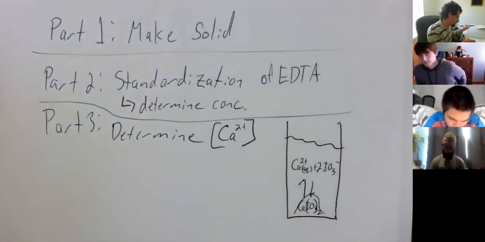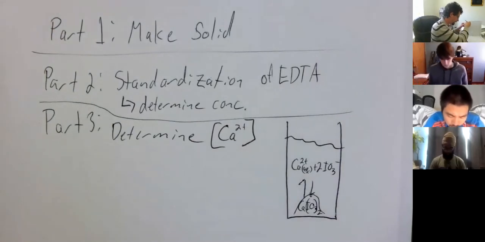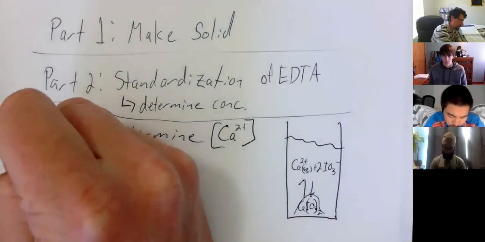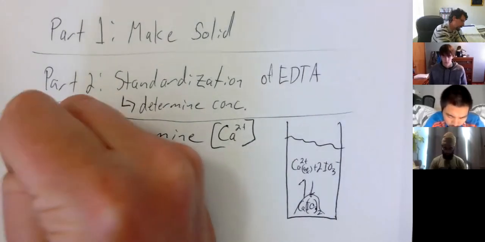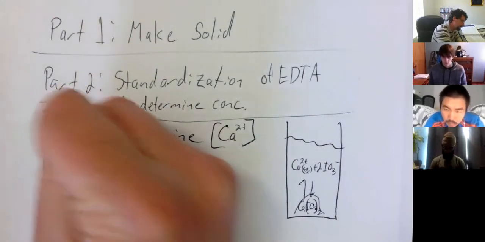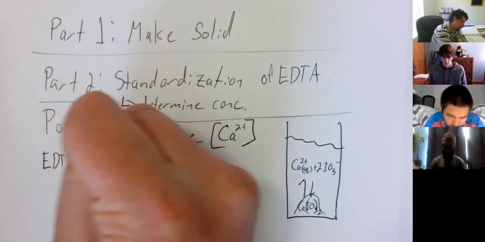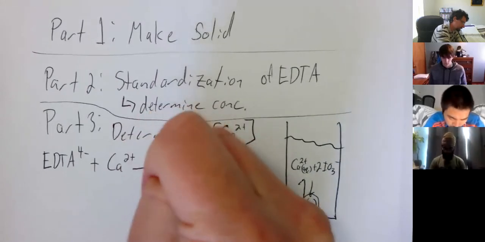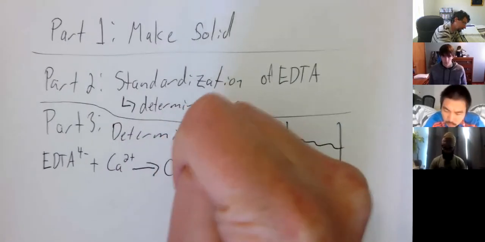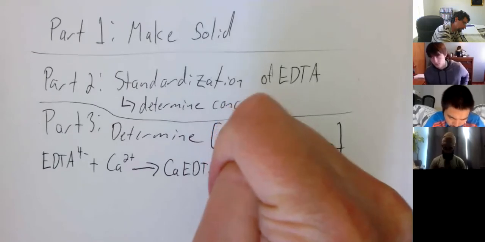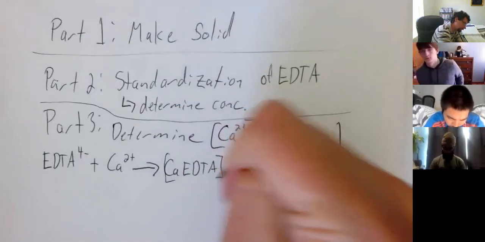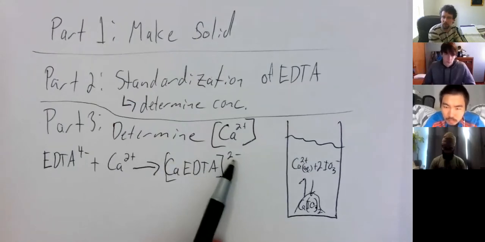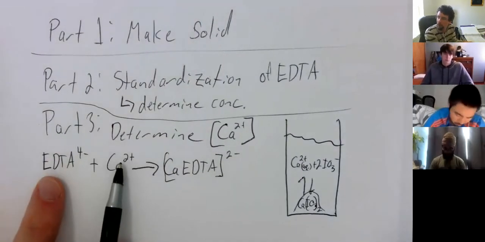So if you look in your lab manual, there's an equation number 3, where you have your EDTA plus your calcium 2+, and you get an overall charge of 2-, but these two interact with one another.